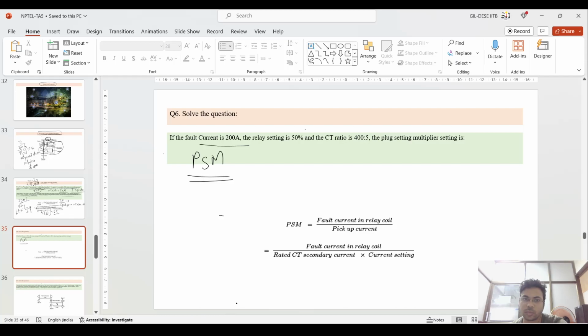This is the formula you can use for calculating the PSM. We have 2 minutes to solve this question.